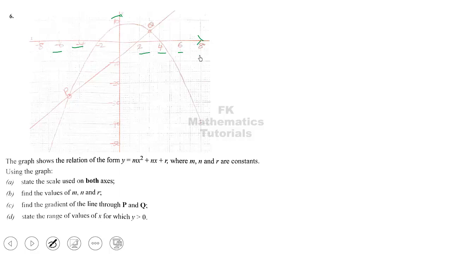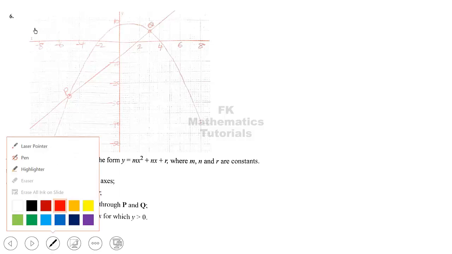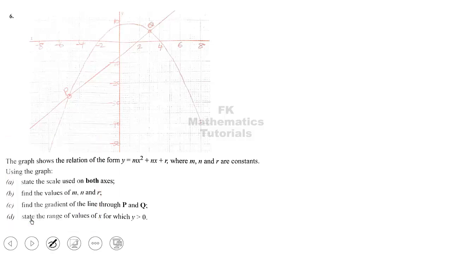So on the x-axis, 2 centimeters is to 2 units on the x-axis.